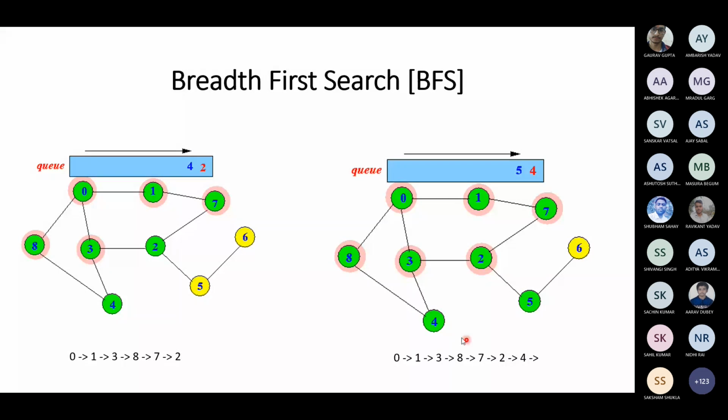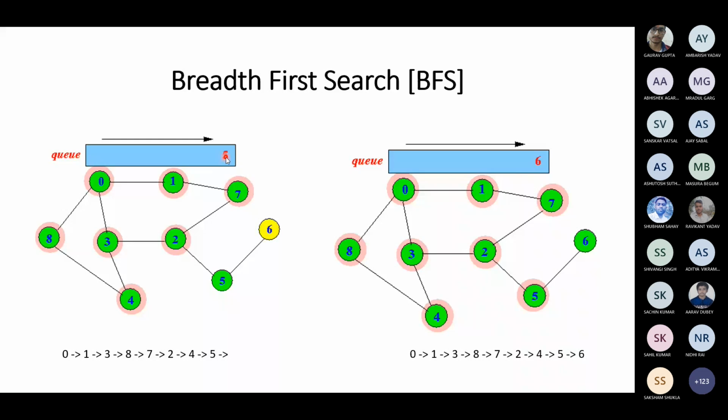After visiting 4, there are no nodes, so you will go to node 5. After visiting 5, 6 will be inserted in the queue, and you will visit 6. So the order of traversal when you do the breadth first search is 0, 1, 3, 8, 7, 2, 4, 5, 6. This is different from depth first search.